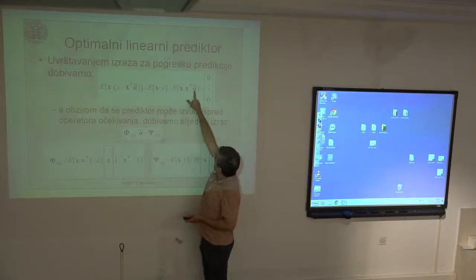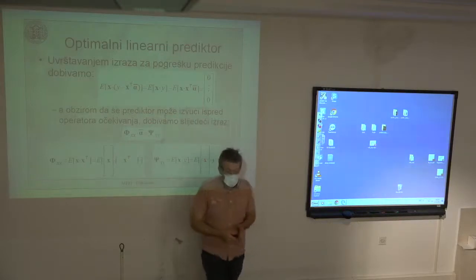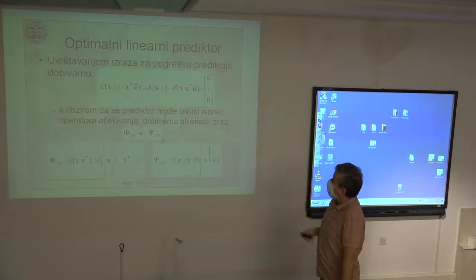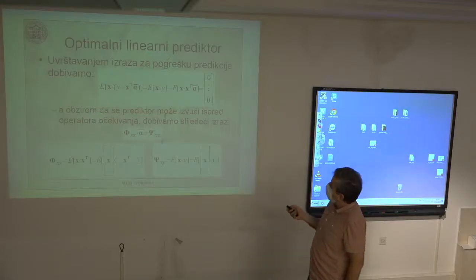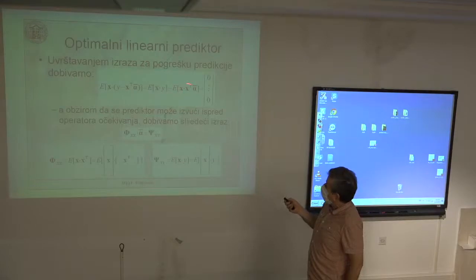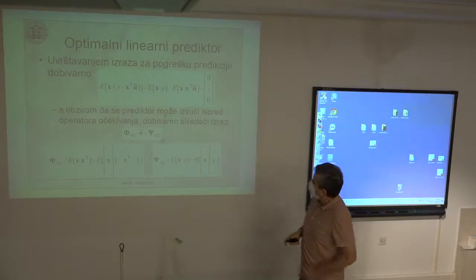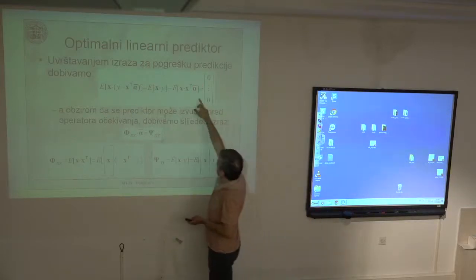What happens here is that I have extracted the vector alpha out of this expectation, because alpha is a constant vector. It is just a set of constant values, alpha 1, alpha 2. It is not a random variable. The only random variables are x and y. So the vector x is a random variable, and the scalar value y is a random variable. So this alpha can be extracted to the right side of this expectation because it is a constant vector.